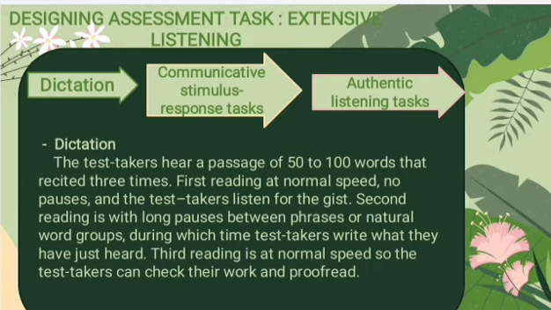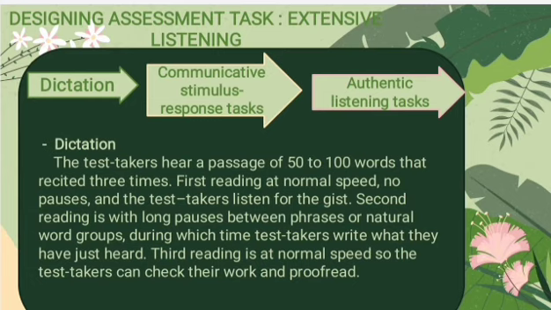First, it is read at normal speed, with no pauses, and the test taker listens to get the gist. Second, it is read with long pauses between phrases or natural word groups, during which time test takers write what they have just heard.